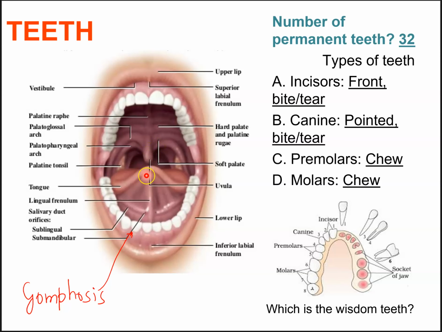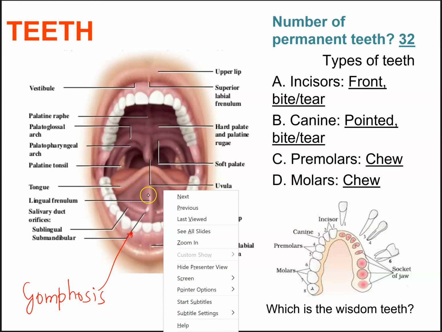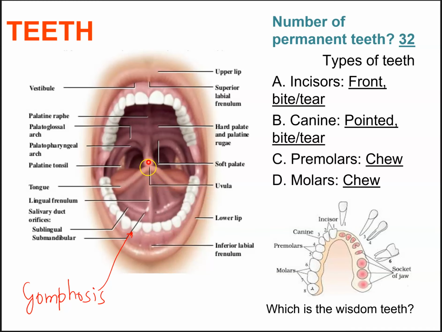Now, the palate separates the oral cavity from the nasal cavity, and that's why it is possible to breathe while we are chewing food. And the hard and soft palate specifically contain a very thin layer of mucous membranes that keep the mouth moisturized at all times.